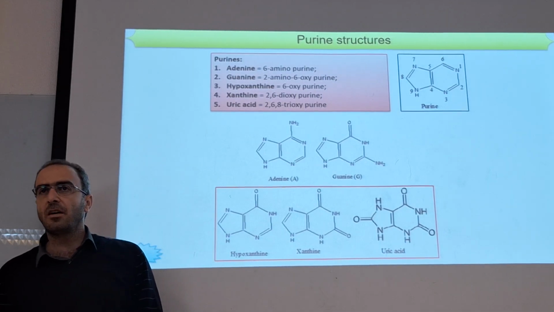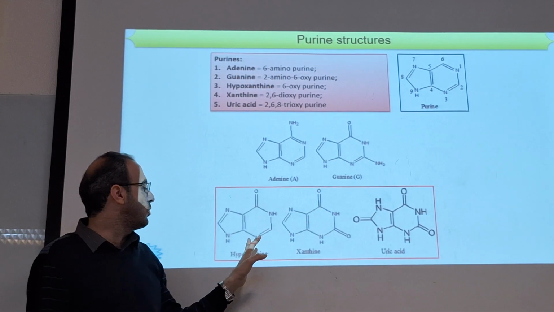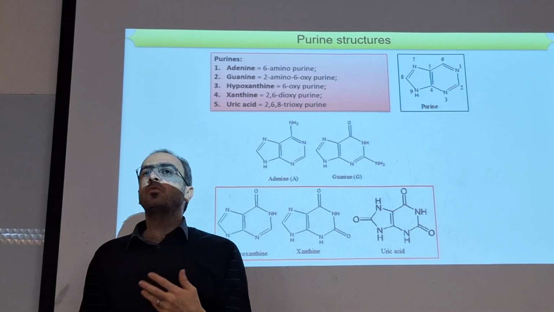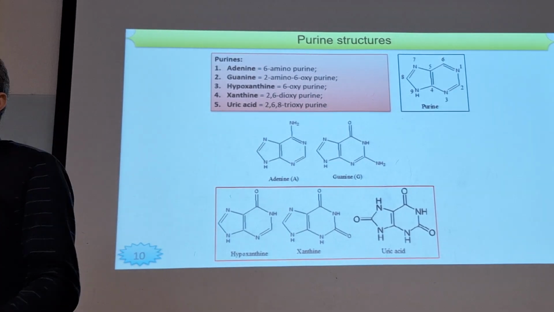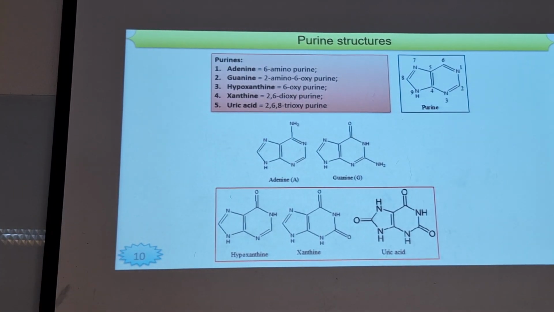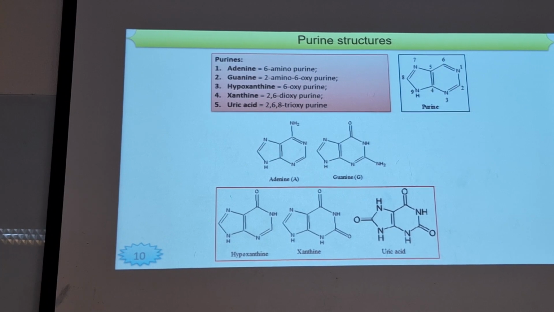Why do we add this oxy? Because these compounds are not water soluble. If we are going to excrete them, we have to add some groups to become more water soluble, and then we can excrete. It's so interesting, you know, theine in the tea, caffeine in the coffee, and theobromine in the chocolate.